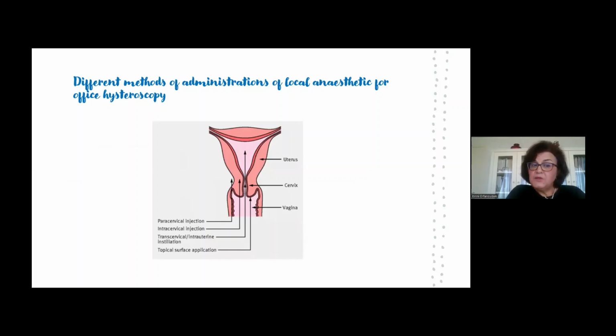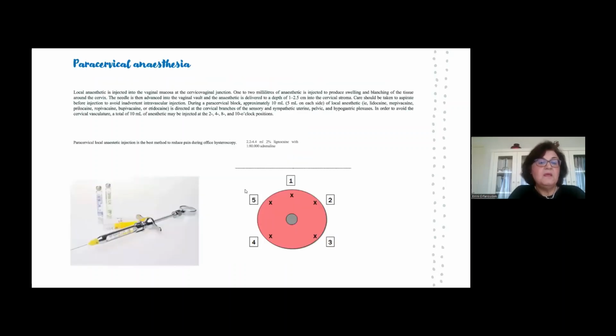Here is a picture of different methods of administration of local anesthetic for office hysteroscopy. We can give paracervical block, intracervical injection, cervical intrauterine instillation, or topical surface application.